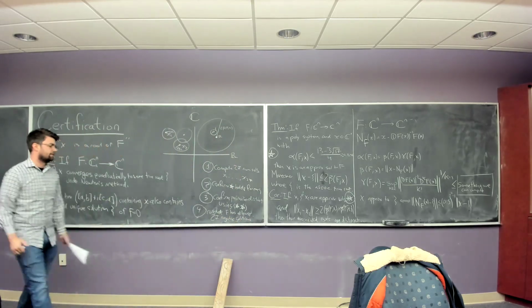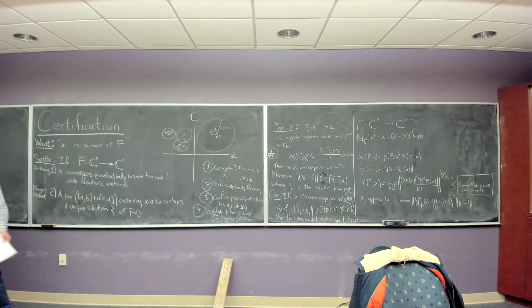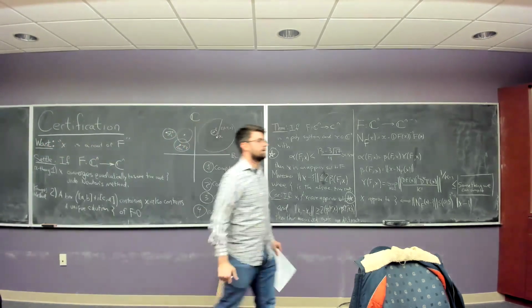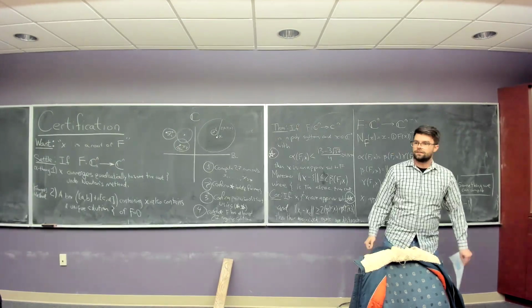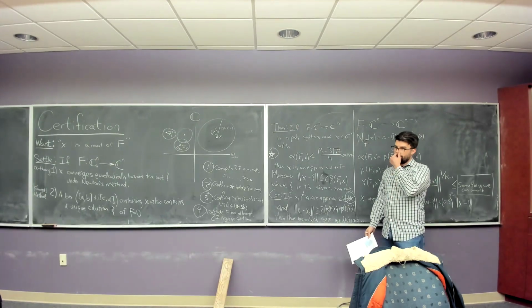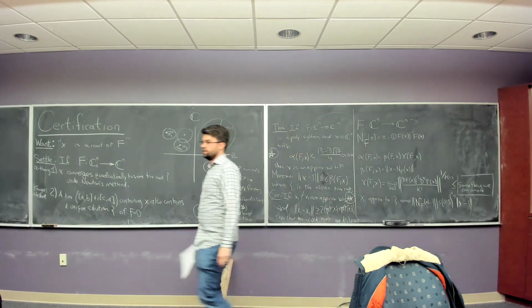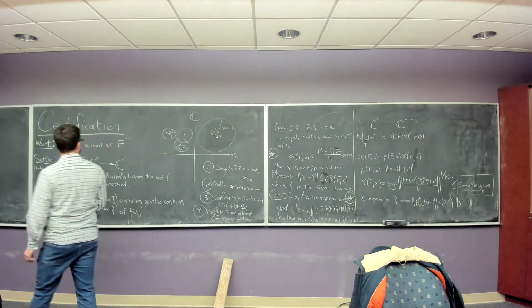Then you can conclude that F has at least 27 solutions. You actually place them in those little itty bitty balls in your solution space. So we can get lower bounds on the number of regular solutions to polynomial systems this way.